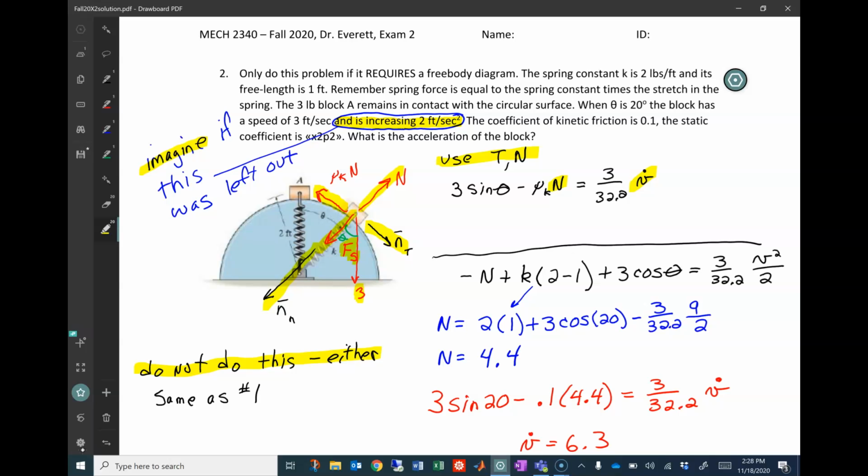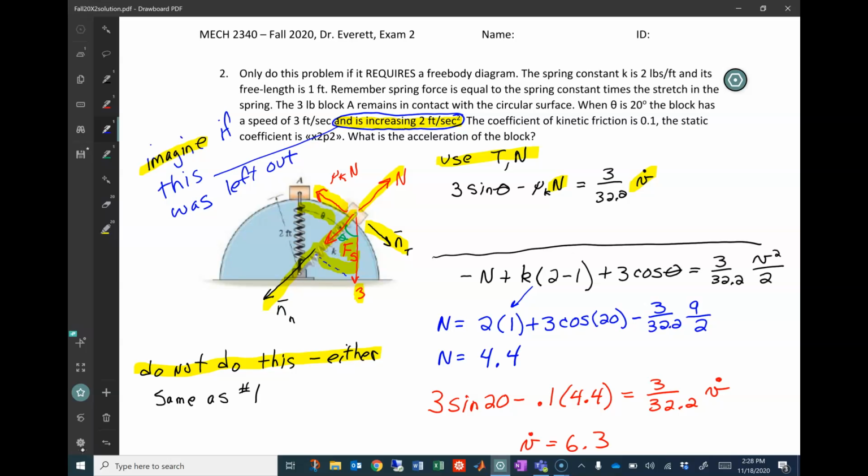The Fs are not in the tangent direction. The 3 has a piece of it. If this angle here is theta, then this angle right here is also theta. So what you're looking for is this distance right here, that force right there.